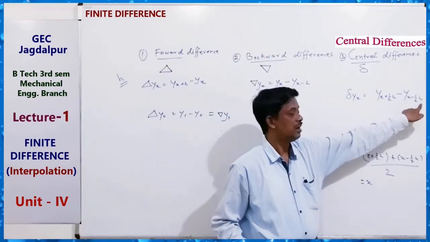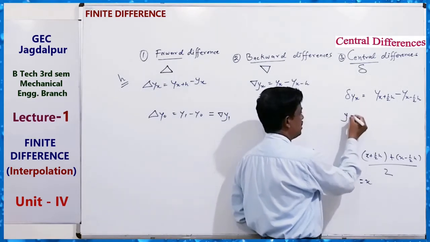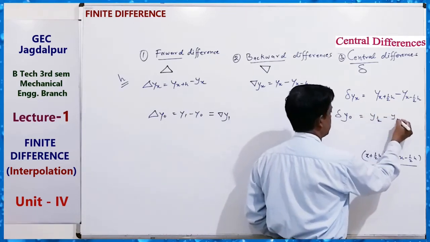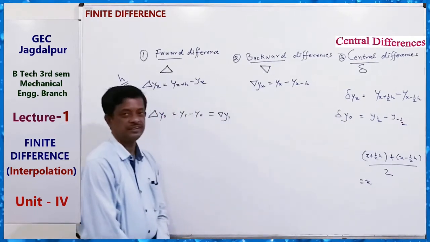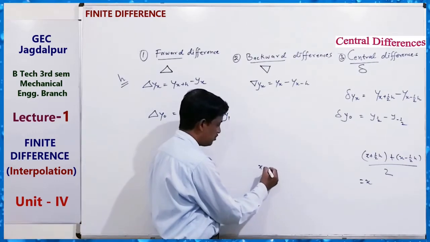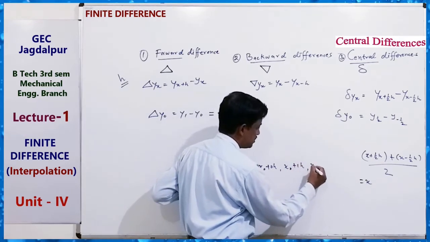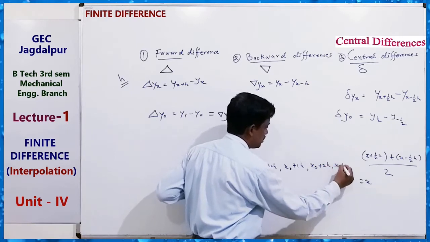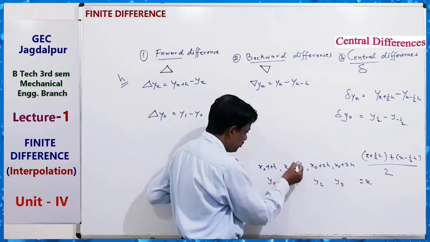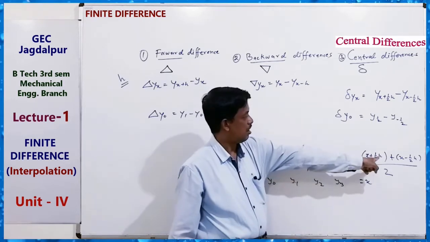It is based on half. Here we can see that δy0 equals δy at half minus y at minus half, if we use that notation. x0 plus 0 into h, x0 plus 1 into h, x0 plus 2 into h, x0 plus 3 into h, giving y0, y1, y2, y3. y1 means 1, y2 means 2, y3 means 3, and here half.